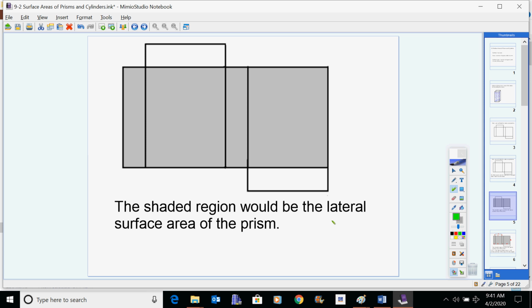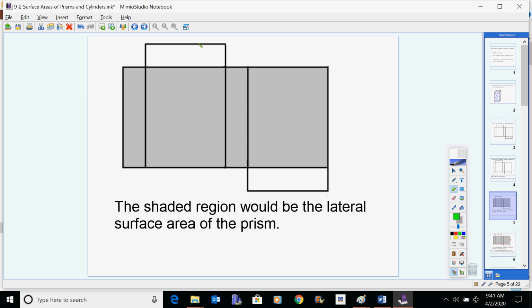The top and the bottom are the same shape. So when we really think about it, if we wanted to find this, it's really nothing more than a big rectangle. And even if the top and the bottom were a different shape, it would still be just a big rectangle when you folded it out.